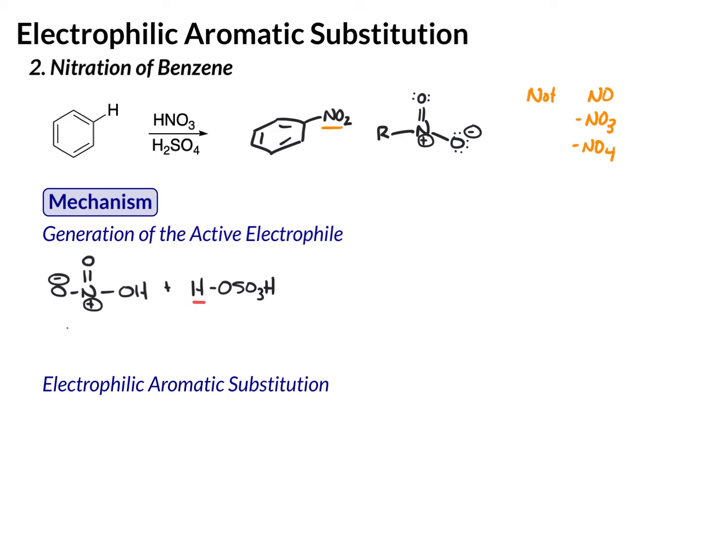Nitric acid is acting as a base here because sulfuric acid is more acidic. So what we're going to do is use a lone pair on this OH, and we're going to protonate it. So I'm going to draw an arrow to the proton in sulfuric acid, and then we'll lose the conjugate base, hydrogen sulfate. So what we get here is protonated nitric acid.